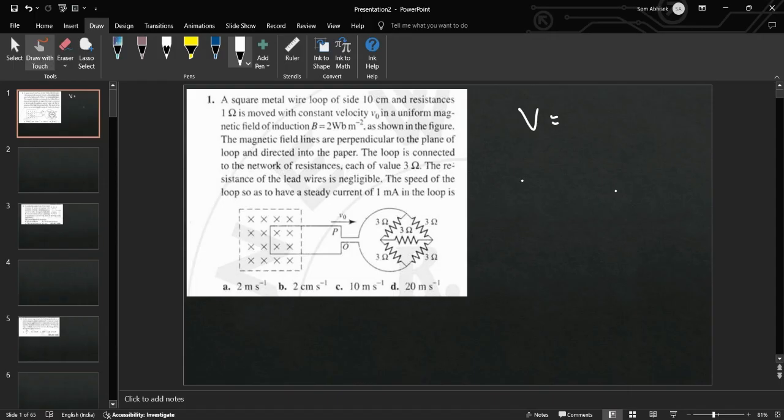So the speed V of the loop is asked. Okay, first of all we have to find the effective resistance here. Can you find the effective resistance? Let's try to find the effective resistance of the circuit first, then we will move forward.